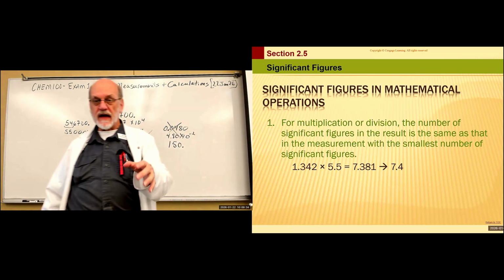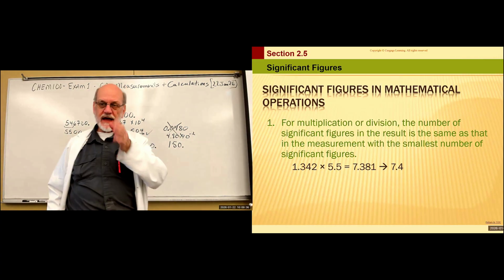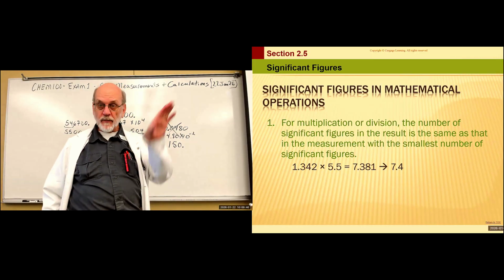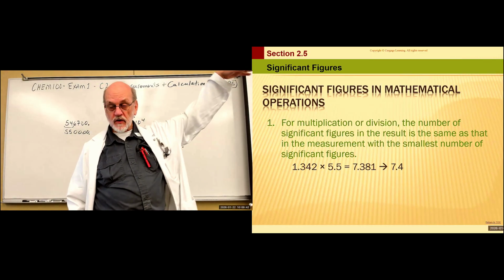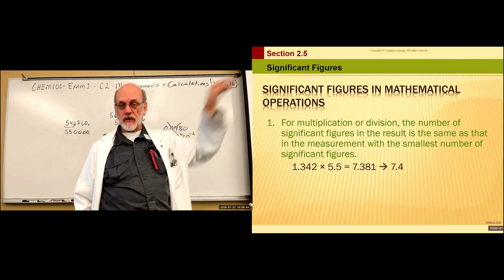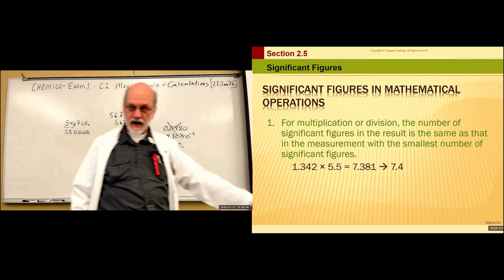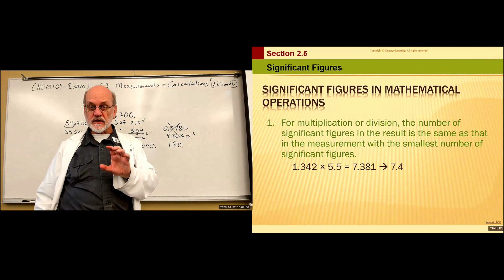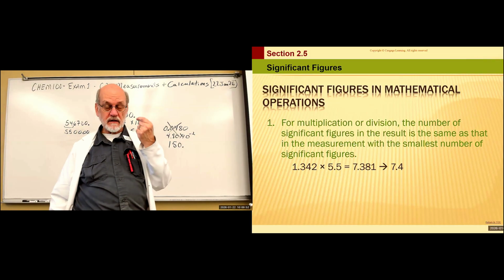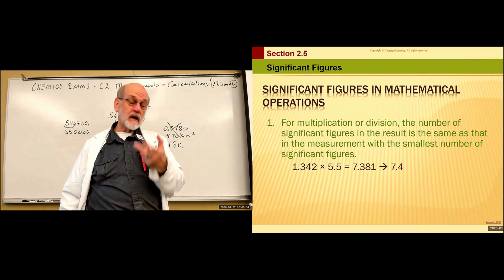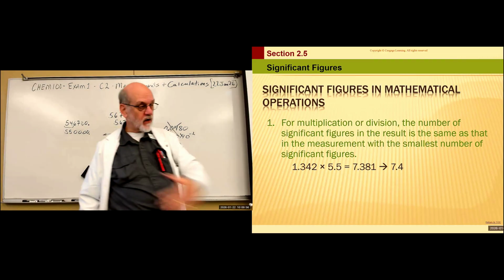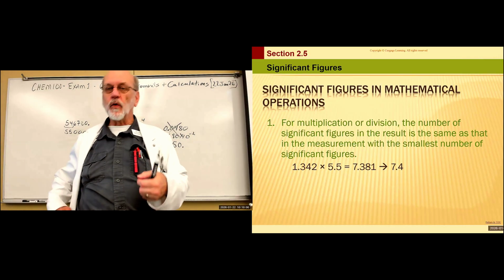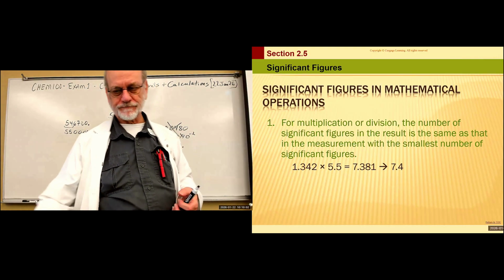The reason we do that is if you round at every operation and you round up each time, your answer is going to be too high. Or you round down each time, your answer is going to be too low. So for this operation, since it only depends on the least significant figures, you can multiply, divide all the way to the end and then apply the rule. And that avoids rounding error.